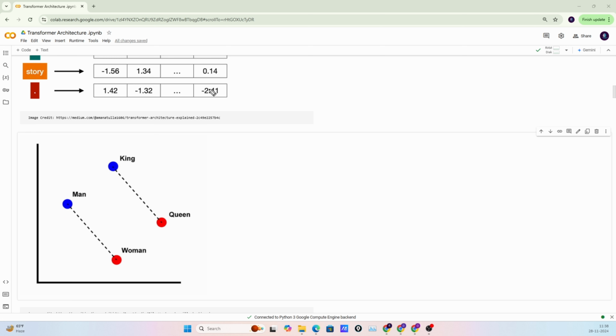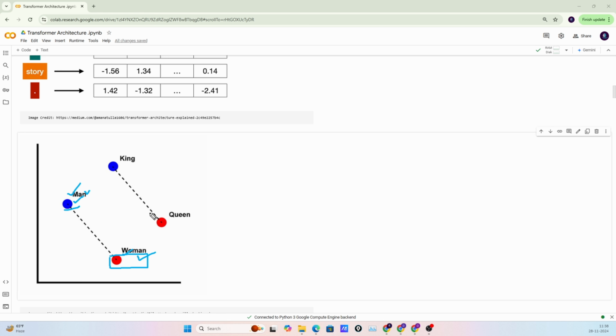So for example, if we have the words man and woman, as I mentioned in the previous case, I have 512 dimensions. So 512 dimensions represent a single word here, for example man. Then woman also has a separate vector of the same dimension, 512.